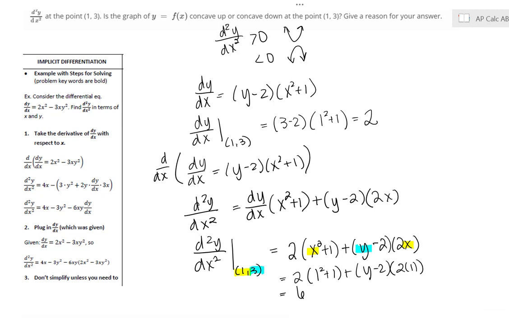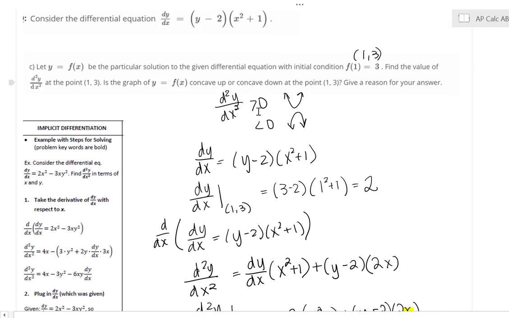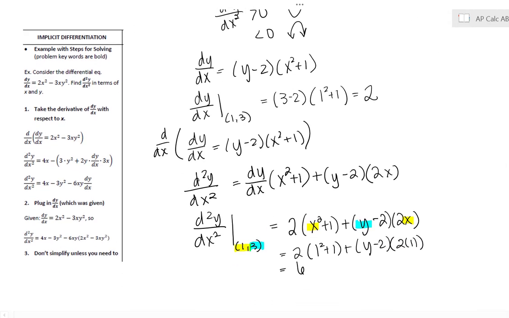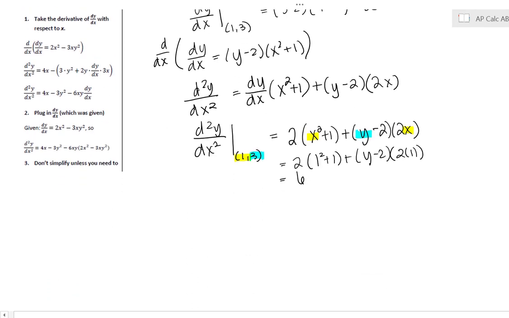Now we talked a little bit earlier about what we are looking for. I know that this value is 6, and it asks if it is concave up or concave down. So the second derivative is 6, which is greater than 0. I know that's concave up, but remember I need to make sure that my answer is reflecting every single element here.